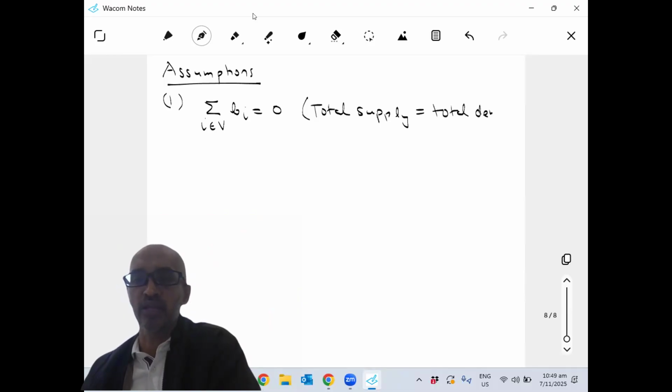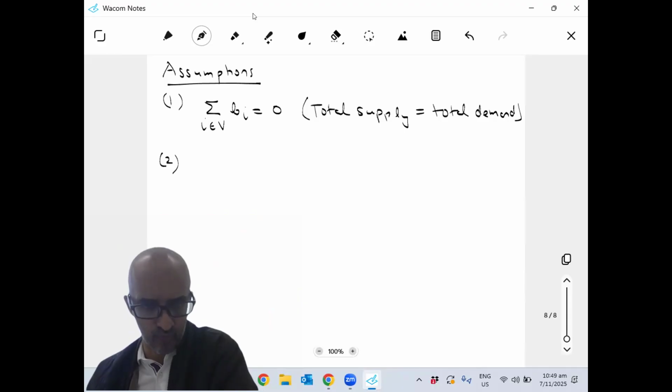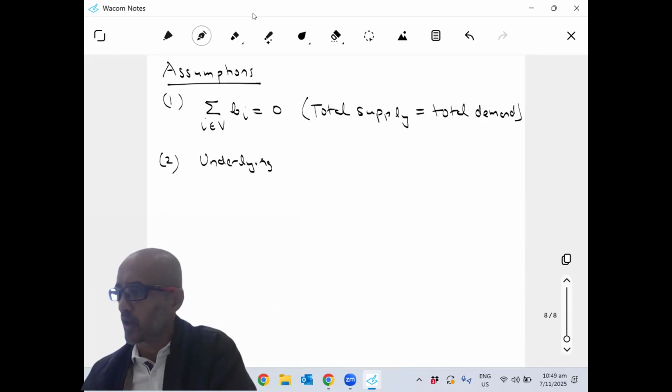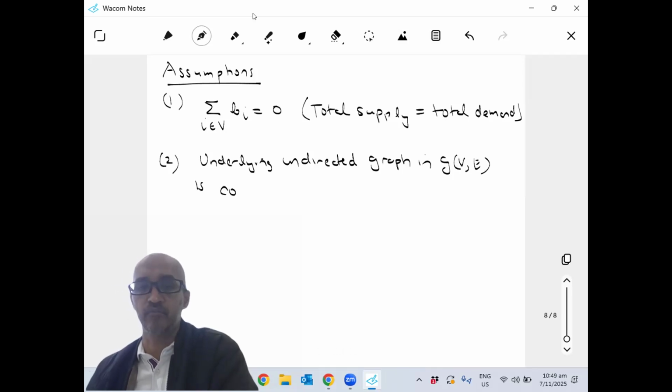And the second is the underlying undirected graph G = (V, E) is connected.